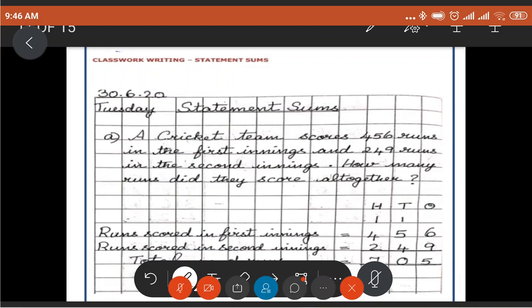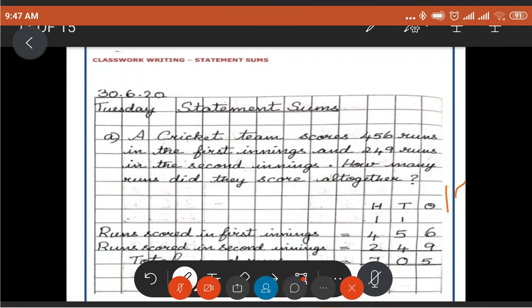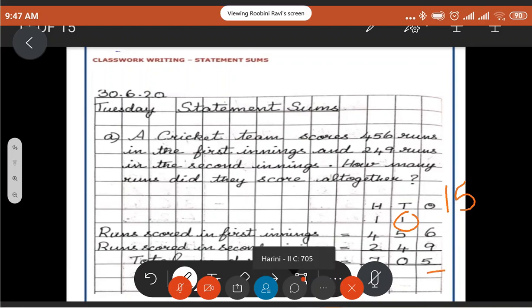From the ones place. 6 in your mind, 9 on your fingers: 7, 8, 9, 10, 11, 12, 13, 14, 15. So what is 15, my dears? 1 ten and 5 ones. So the 1 ten goes to the tens place as a carry forward and 5 comes to the ones place value.